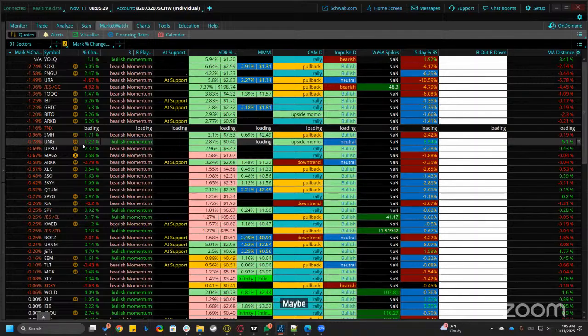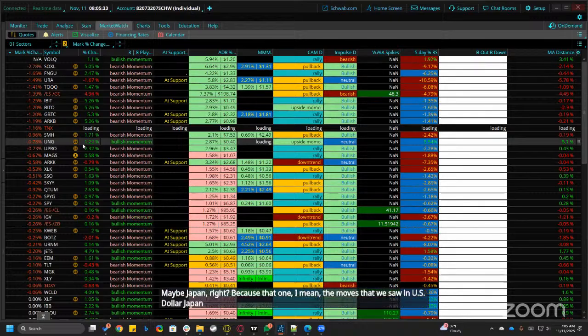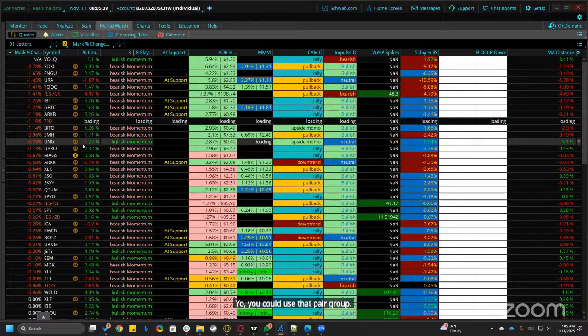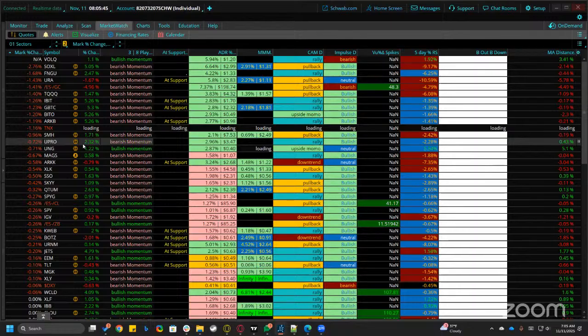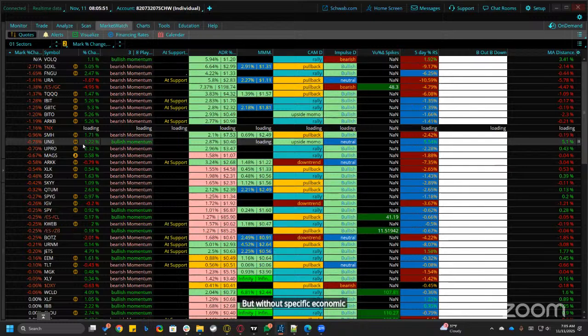Maybe Japan, right? Because the moves that we saw in US dollar Japan last week were wild. So you could use that pair group and see if we get anything out of that today. But without specific economic events on the calendar, it's got to be one of those if we're going to get a move.